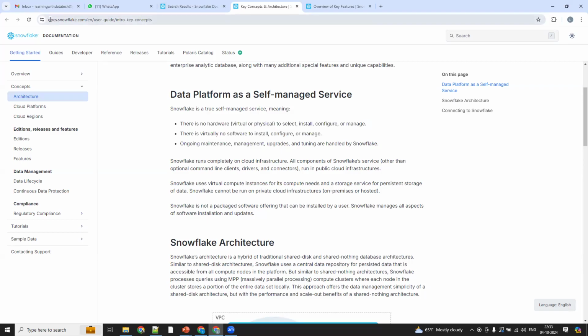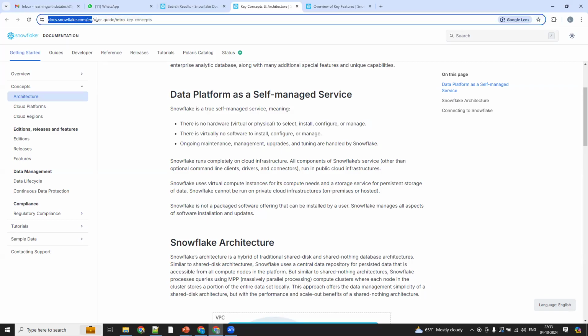They have given beautiful documentation. A special website is there for the documentation, that is docs.snowflake.com. Once I explain a concept, you guys also have to go and refer to this documentation only. Don't follow any other video, blog, or third-party website. Simply go and start reading the content from the documentation so that it will be helpful in your certification exam clearance, and it will increase your subject knowledge.